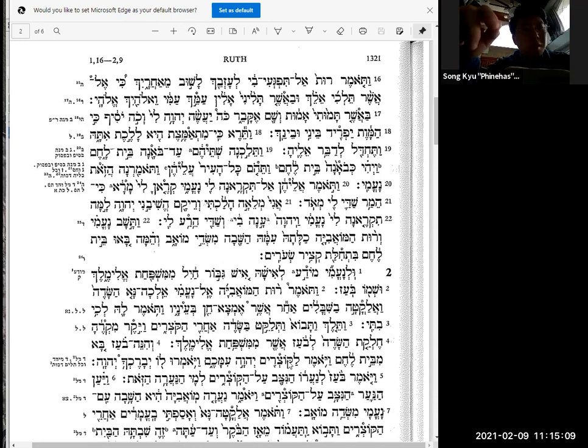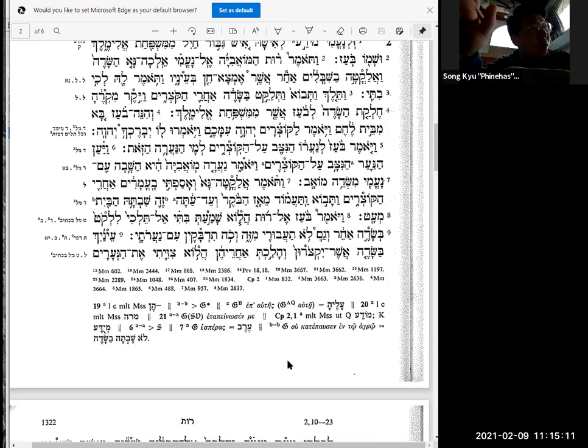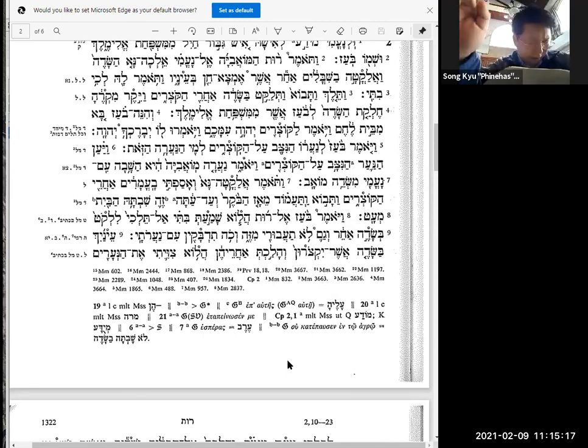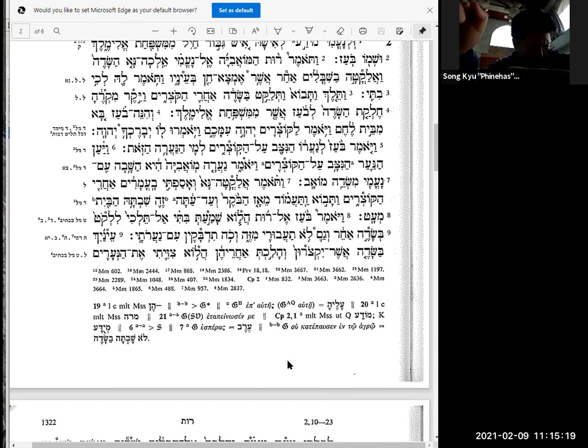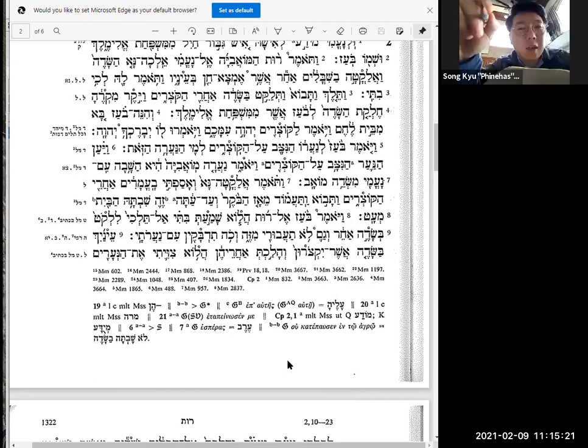Doctor, for this part, why the geographical support? In this part, Septuagint and Syriac and Vulgate go for the variant reading. Should we go for the variant reading that has more support than the Masoretic?